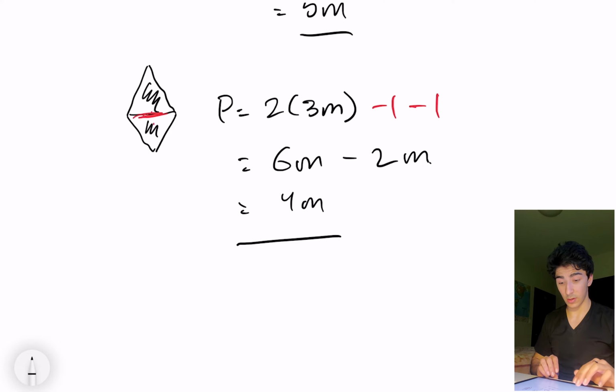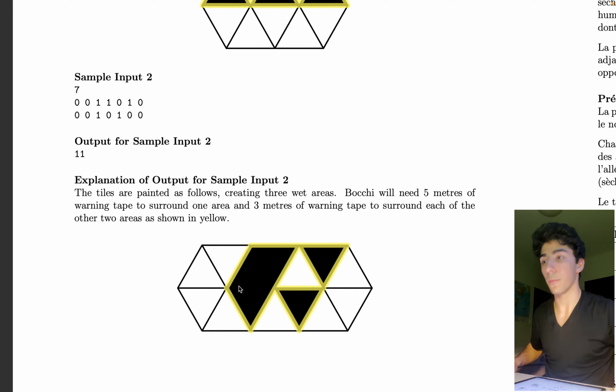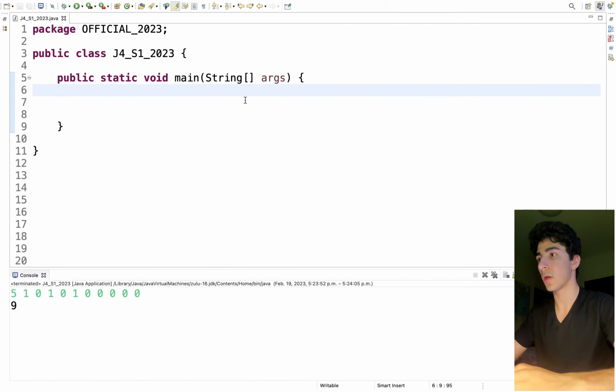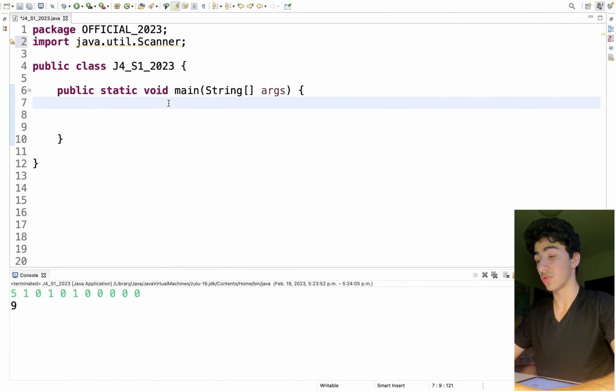And with that said, we are absolutely ready to start programming this. So let's begin. Let's start by importing our scanner. We'll initialize it.